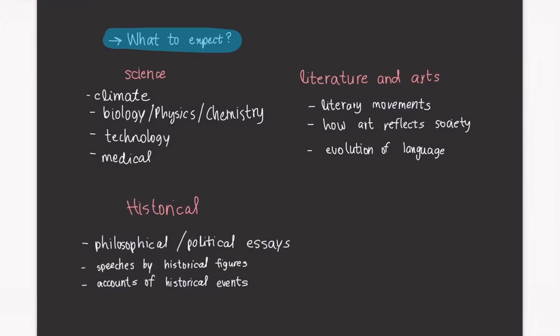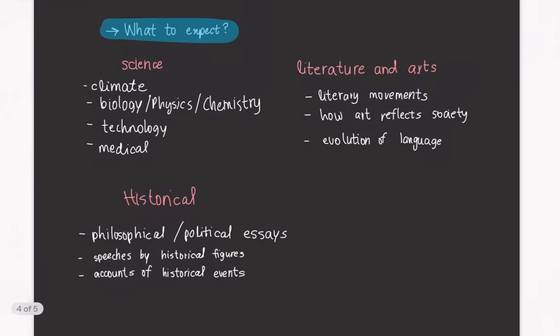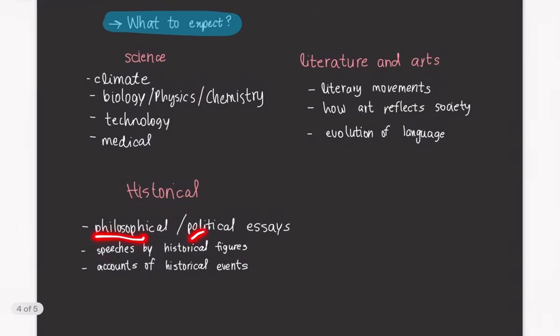The other one would include literature and arts or humanities and social sciences. These passages would discuss human behavior, society, culture, and other common themes would be literary movements, how art reflects society, evolution, anthropology, and other historical essays like philosophical, political essays, speeches by historical figures, and accounts of historical events.